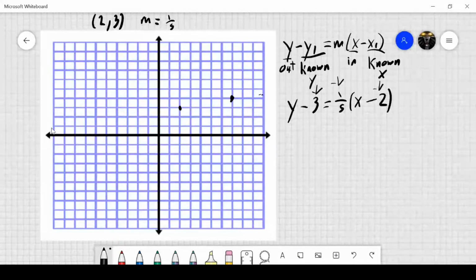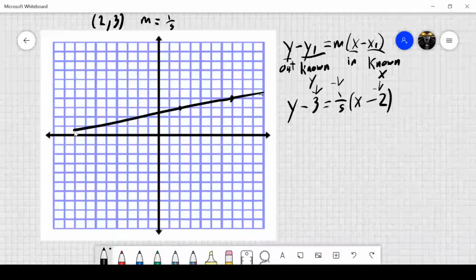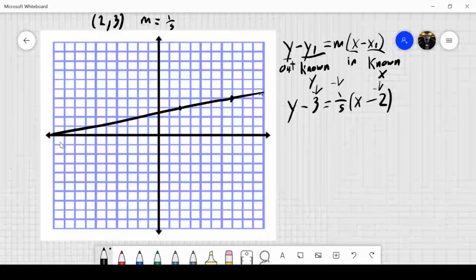Well, let me make that a little bit better, but yeah, the line is pretty easy to figure out, right? Just like slope-intercept, we plot our first point and then use the slope to find the second one. Easy enough.